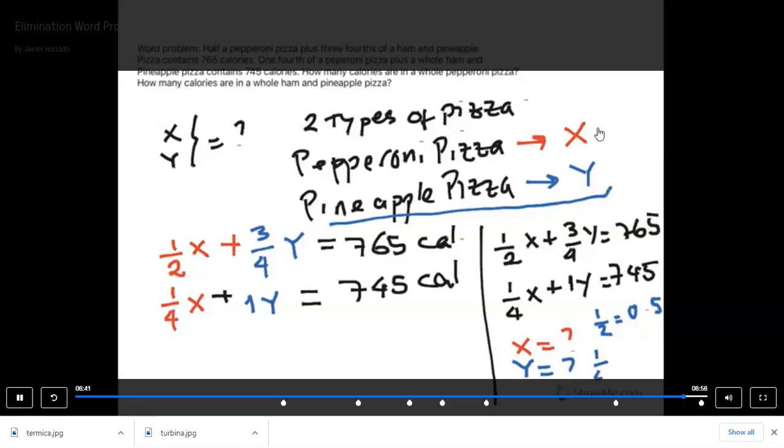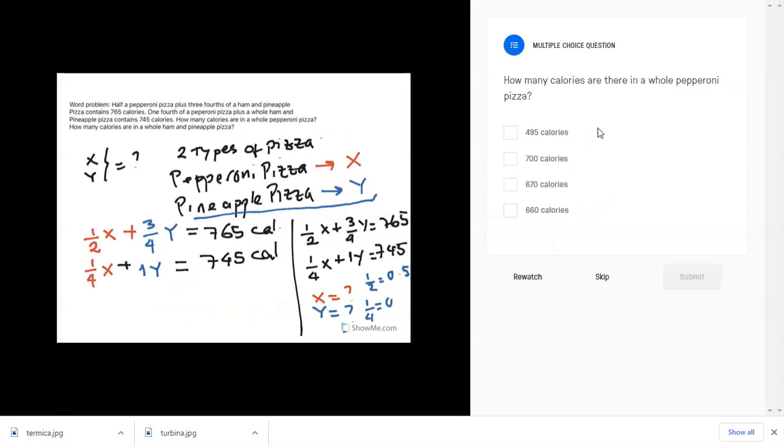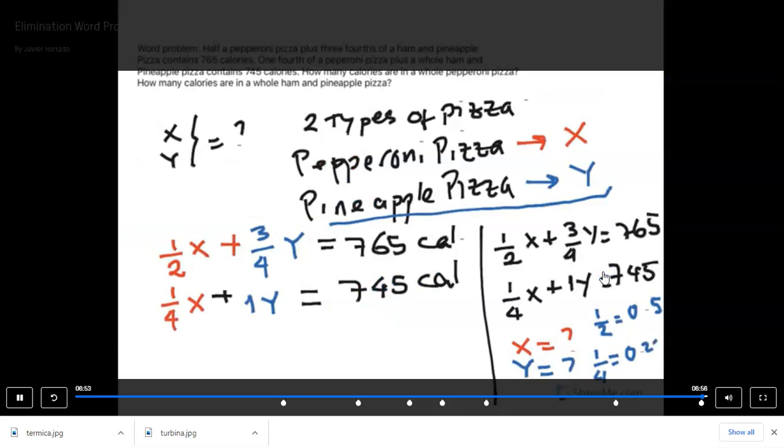And for example, 1 over 4 is going to be equal to 0.25. So instead of using the fractions, you can use decimals if you like, okay?